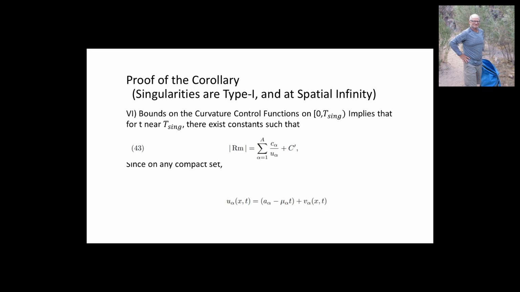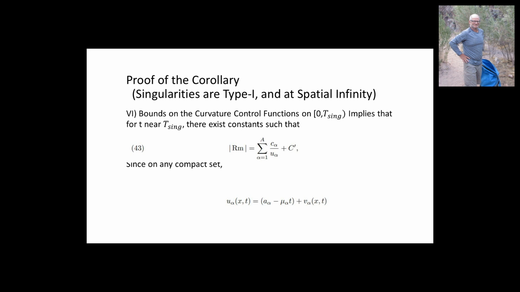So I just very sketchily said something about the proof of our main results. Now I want to say something about the corollary, where with small adjustments of the initial data to the constants, we can show that the singularities are type 1 and they occur at spatial infinity.